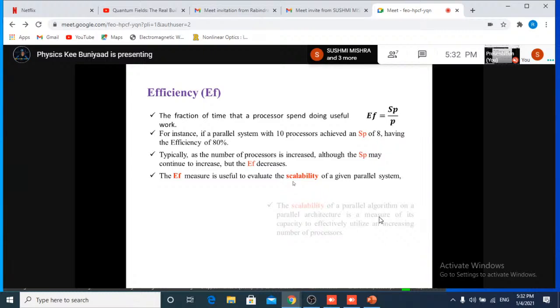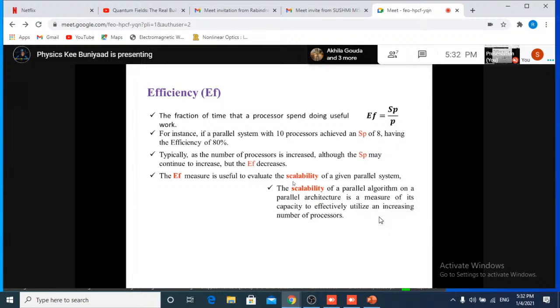Scalability of a parallel algorithm measures the capacity of the algorithm, that is, how effectively it utilizes resources when we increase the number of processors. So scalability is nothing but a measure of the capacity of your algorithm, how effectively it utilizes resources when you increase the number of processors. This is the scalability. So efficiency measures the scalability.